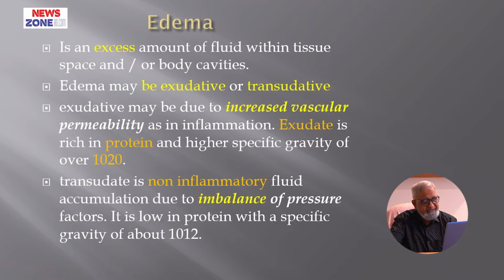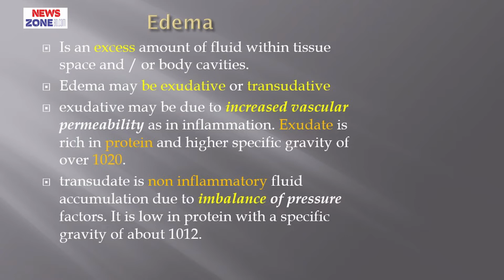Where does it occur? Usually in inflammation. Transudate is a fluid low in protein content, with specific gravity about 1012.